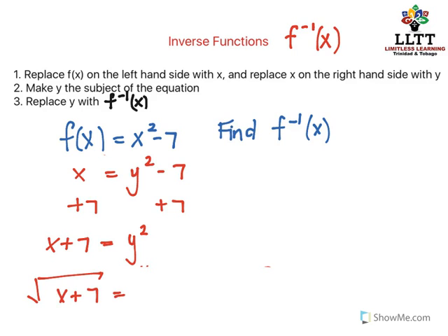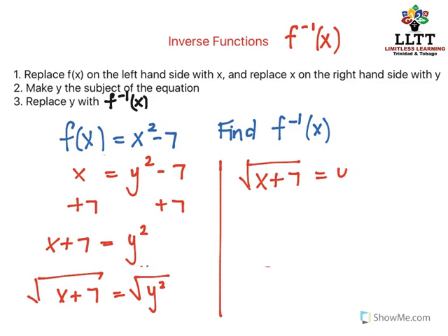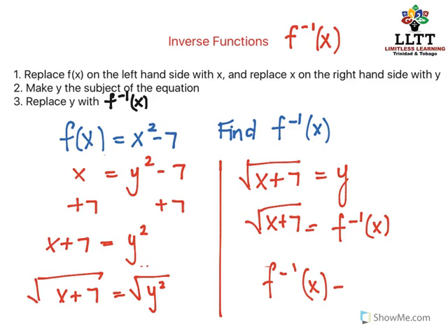So on the left hand side I get square root of x plus 7 is equal to the square root of y squared, and the square root of y squared is y, so square root of x plus 7 is equal to y. And now my final step is to replace y with f inverse of x. So f inverse of x is equal to the square root of x plus 7.